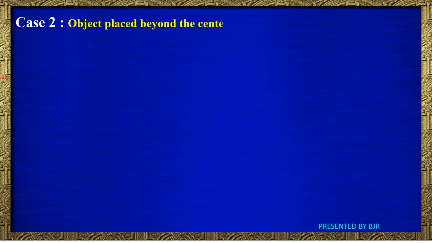Next, case 2. In this case, I am bringing the object slowly toward the lens. See here, in this case the object is placed beyond the center of curvature on the principal axis.